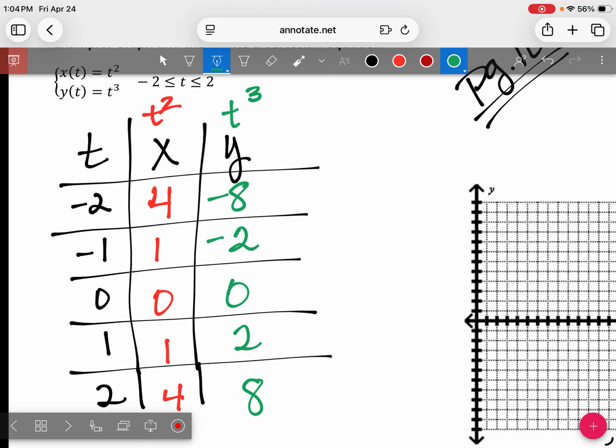Who got that? Does your table match my table? No? Did I mess it up? Which one did I mess up? The who? -1 cubed. There you go.